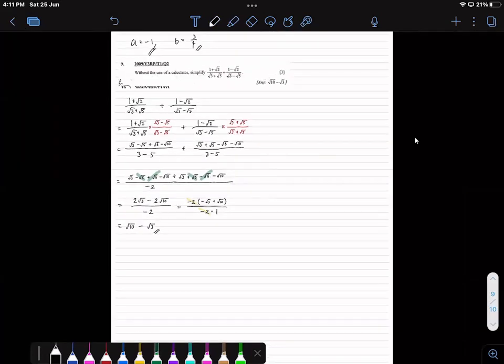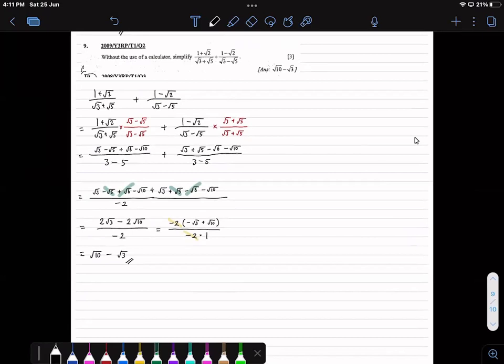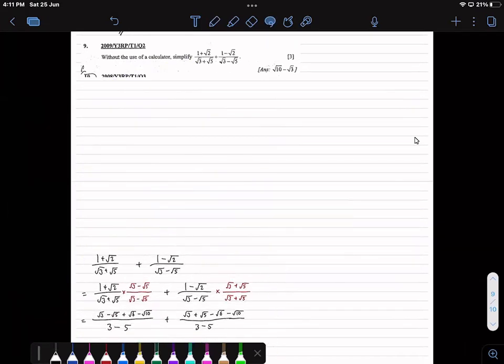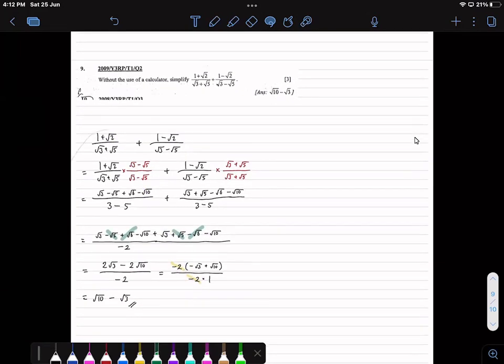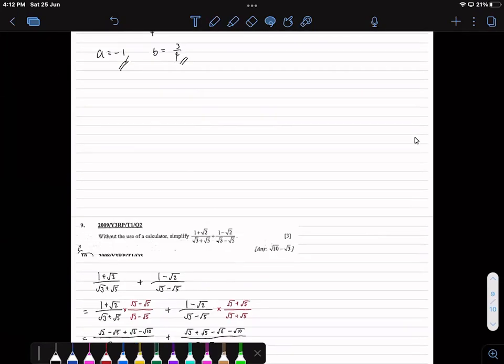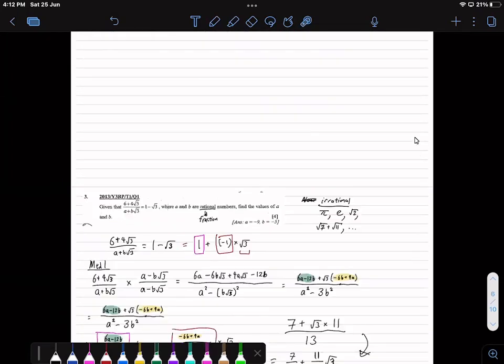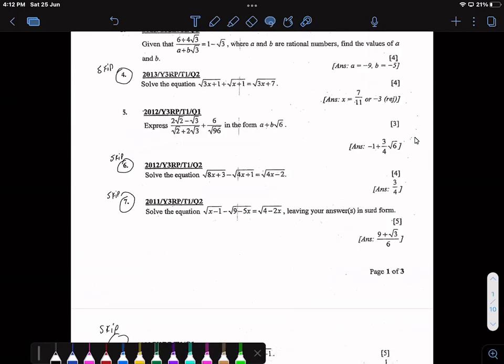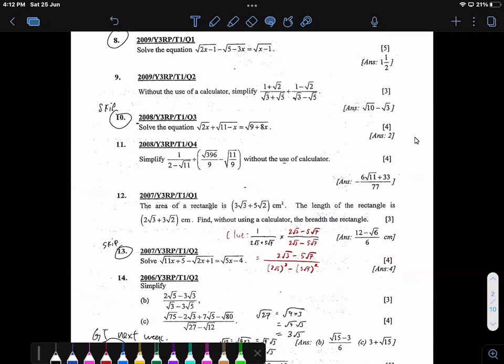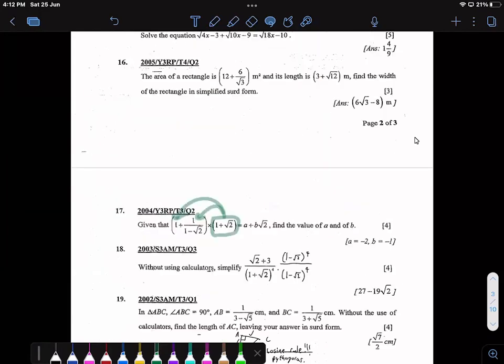Any questions? No. Okay, moving on. Let me rearrange. Okay, next one. Question 11, then 12. Did I go through 12 already? Oh, no. I just gave a clue only. Okay, let's just do it.